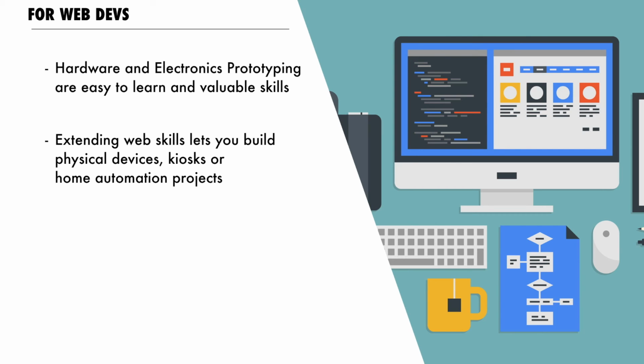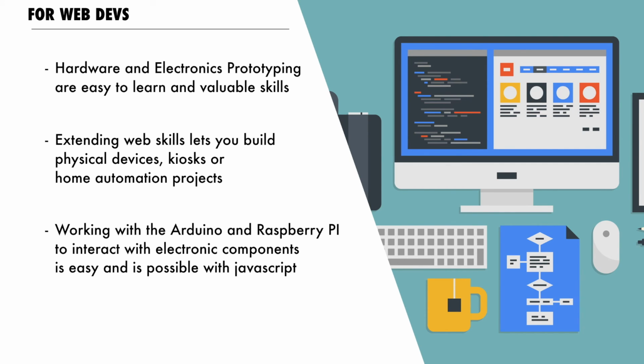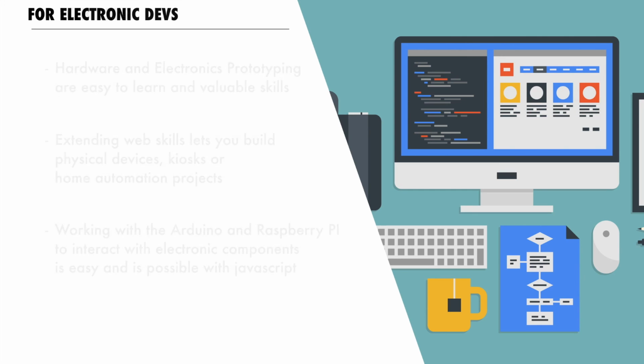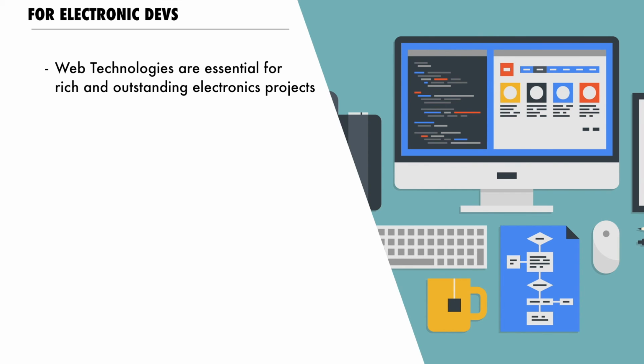But it's very powerful that existing knowledge can be used to build such different and powerful things. And the Arduino and the Raspberry Pi are really invaluable tools for this, as they allow you to use your existing skills. And what's the takeaway for electronic developers or electronic engineers?